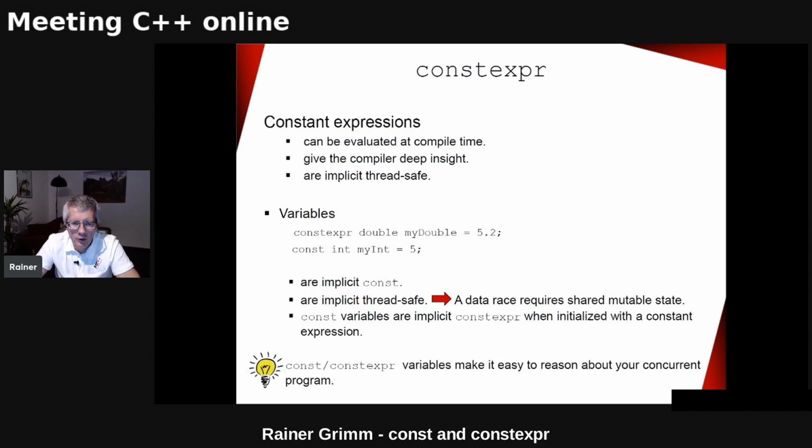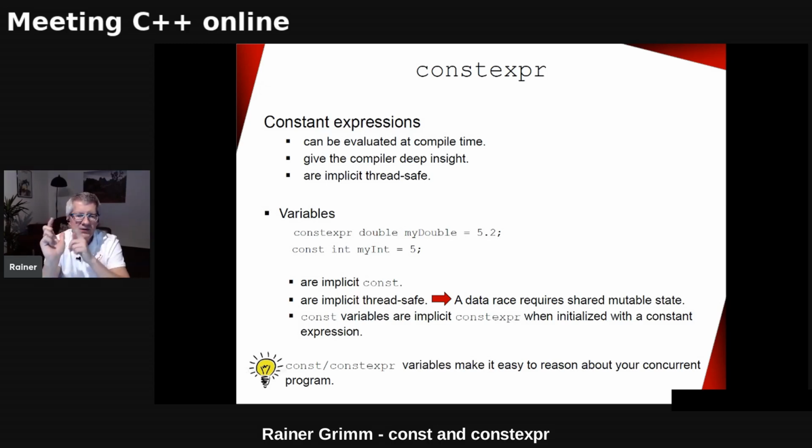In a concurrent program, make things as constant as possible. When I have to analyze your concurrent program, and I do it quite often, you know what I do? I look at each variable and I make a mark on it if this variable is not shared or is constant.